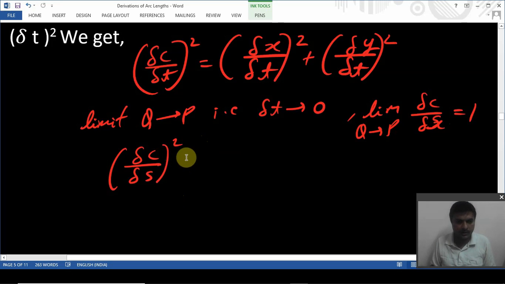If you want, you can take like this for simplification, (delta s divided by delta t) the whole square, and the RHS remains the same as it is.